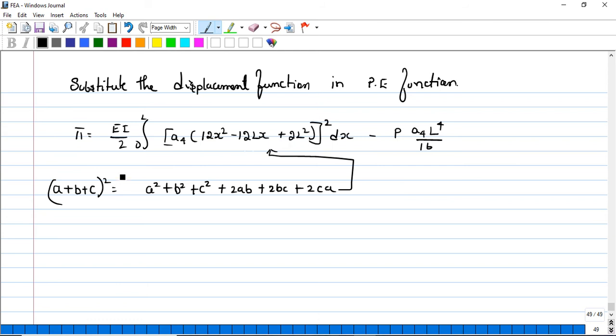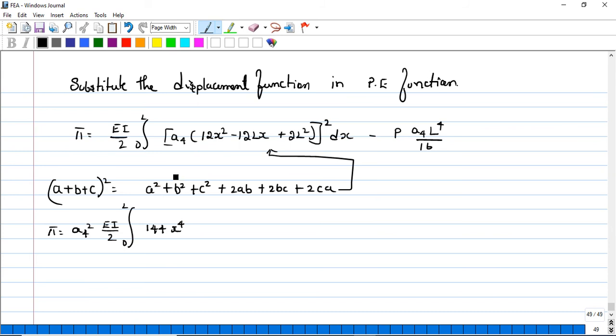And after expanding, I will be getting, let me write down, potential energy is equal to A4 square, that as a common I will take outside, multiplied by EI by 2 integration 0 to L. I will be getting 144 x to the power of 4.